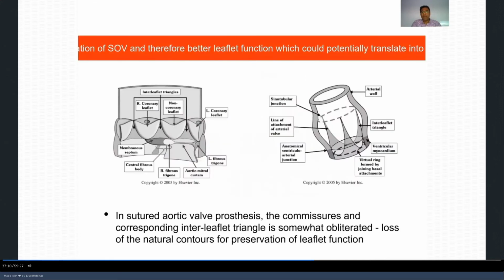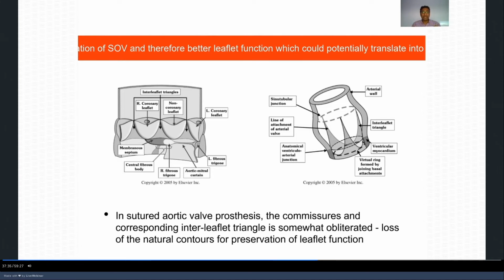And why is this important in the Intuity valve? Because when you look at the way the Intuity valve is implanted, it is implanted by preserving the interleaflet triangles. After an Intuity valve is implanted, you can always see the interleaflet triangles, which is something that you do not see when you implant a conventional valve because the sutures sort of plicate and crimp this area.